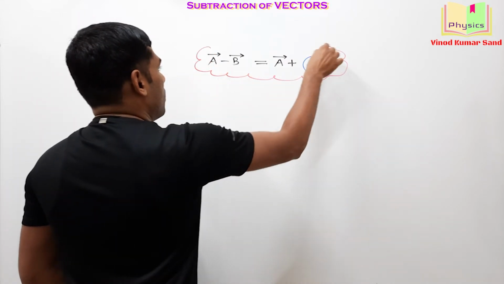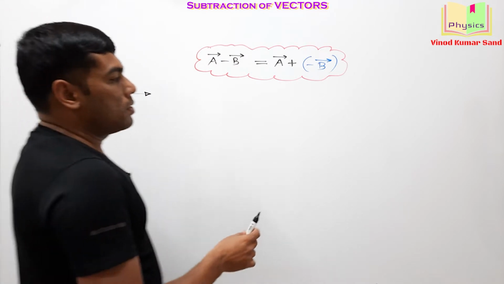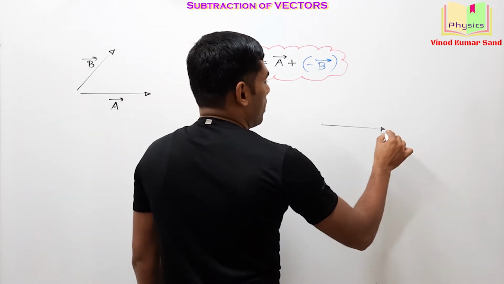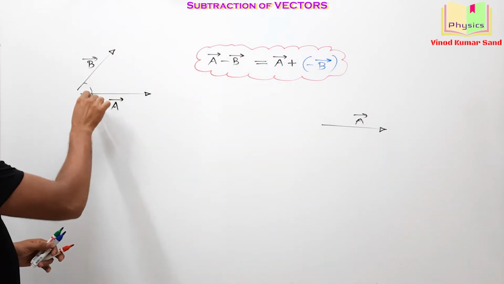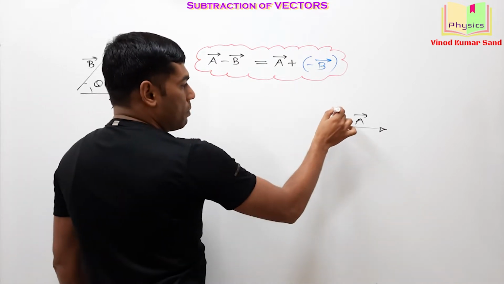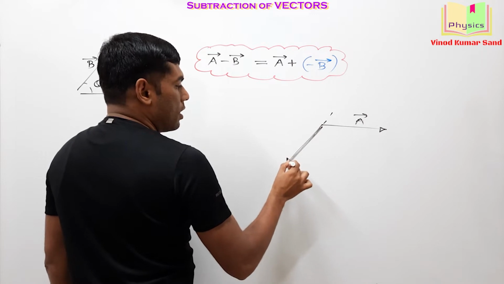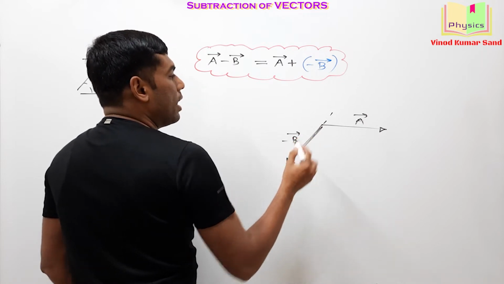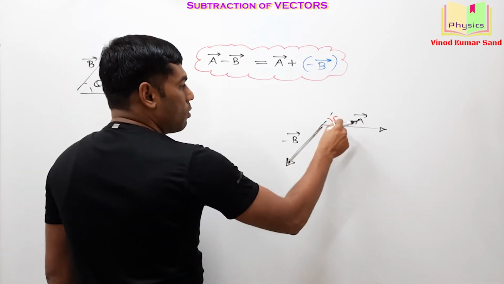Let's derive some important things. For derivation purpose, if this is the a vector and we need the minus b vector, the direction will get reversed. Here will be the minus b vector. Do you agree? The angle between a vector and b vector was theta.